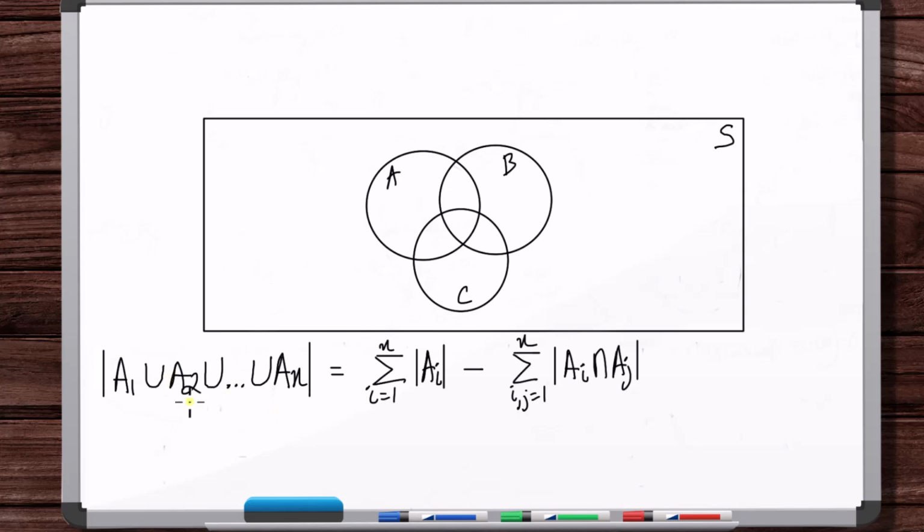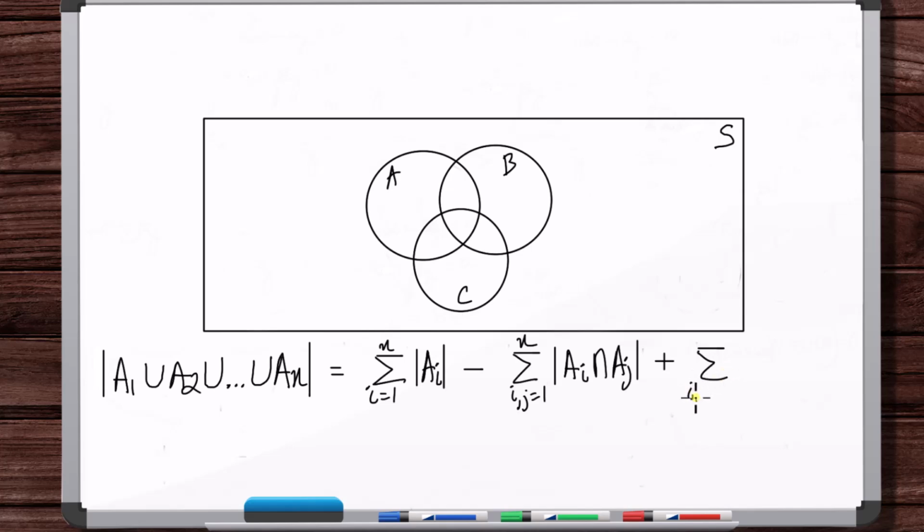So the sum would be A1 intersection A2 plus A1 intersection A3 plus A1 intersection A4, all the way to A1 intersection AN. Then you're going to do A2 intersection A3, A2 intersection A4. You sum all of those, but you're going to have a subtraction sign out front. You're really subtracting that entire sum. Okay? Then from there you add.